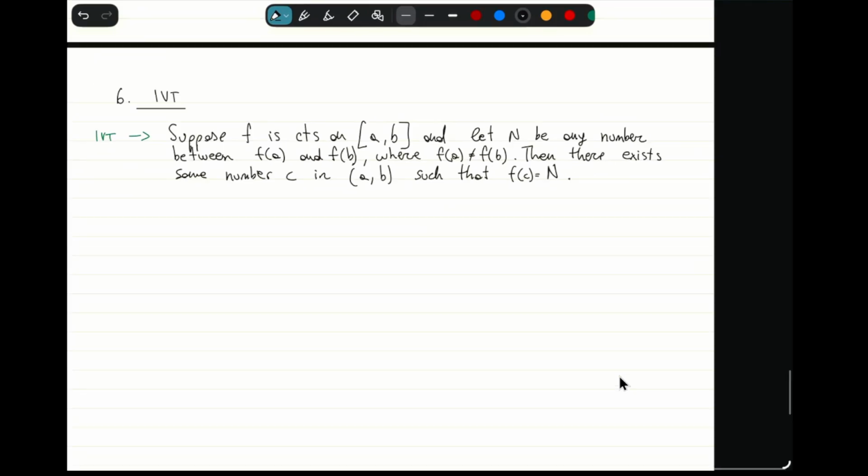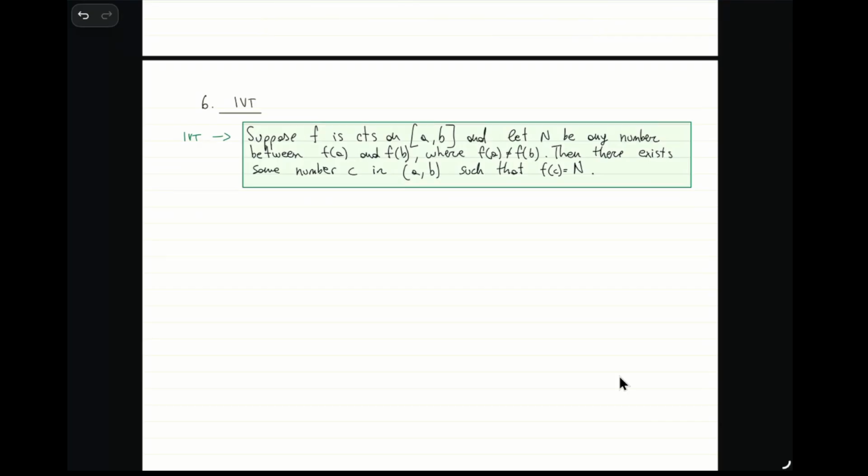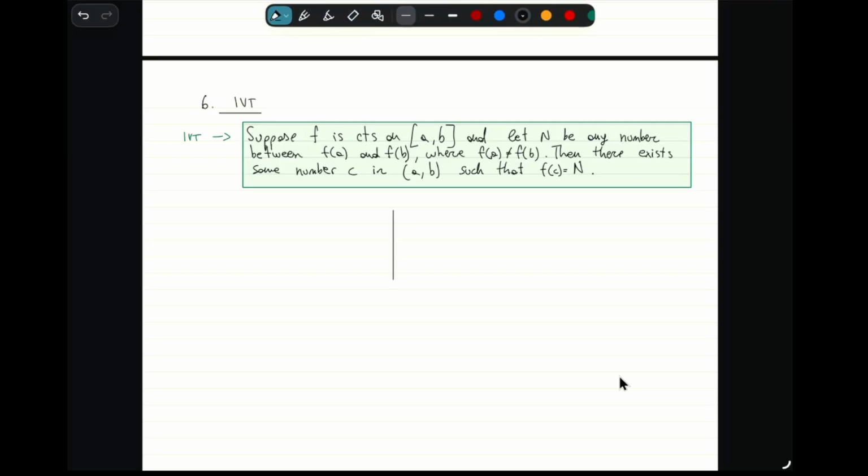And this is it. This is our IVT. We defined it. And okay, so this can have very interesting applications. So what this is saying is basically, let's say we have a function which maybe looks something like this.